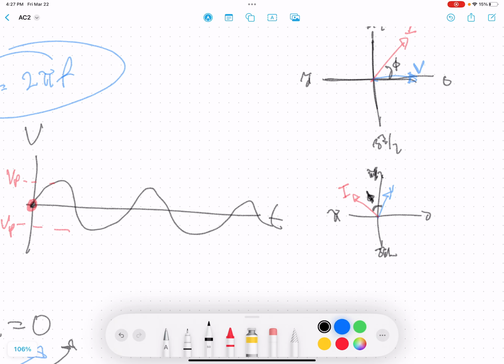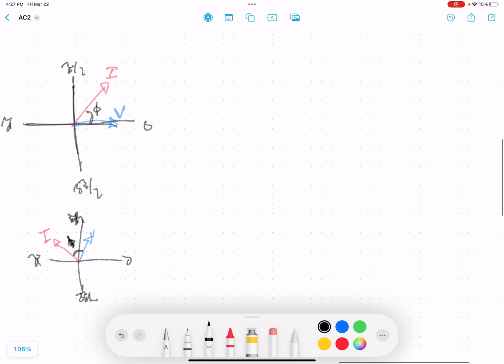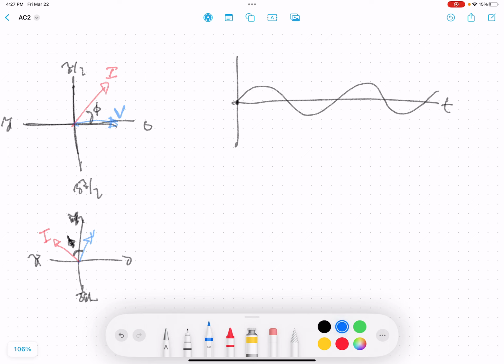We have a plot of the voltage. And if I wanted to add, I'm going to make a new one. So here's my plot versus time, and I'm starting the voltage at 0, and so this is going to go something like this. And then I've started the current ahead of it somewhere. So maybe this is what the current is going to be doing.